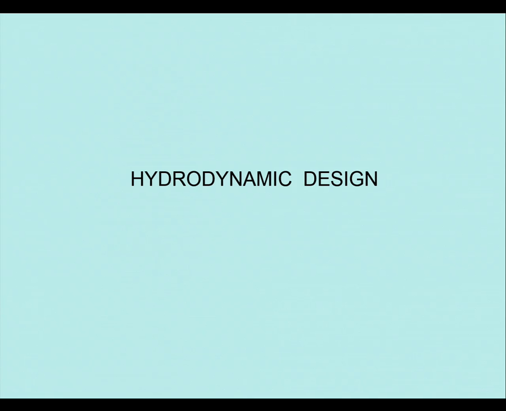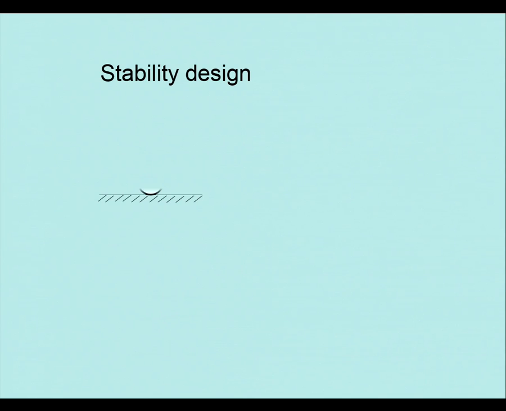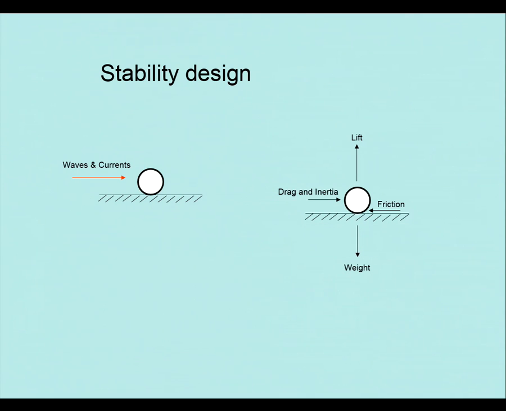Wave-induced velocities. So, hydrodynamic design, stability design. I've got waves and currents acting on the pipe, and we'll explain what they are in a minute. So if I take that, I've got my lift, which is this. That has got a downward weight. That lift is the hydrodynamic lift, and that's the hydrodynamic drag and the hydrodynamic inertia, and that is opposed by friction on the seabed.